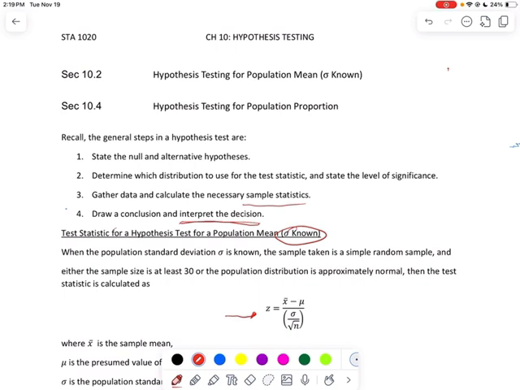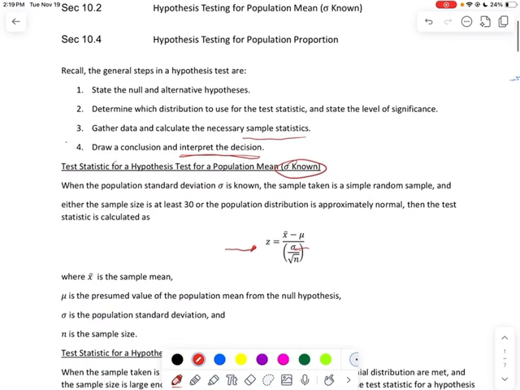So we are only going to do problems where sigma is known. Sigma will be given in the question because we need it to calculate our test statistic. I hope everyone understands what x bar, mu, sigma, and n are.